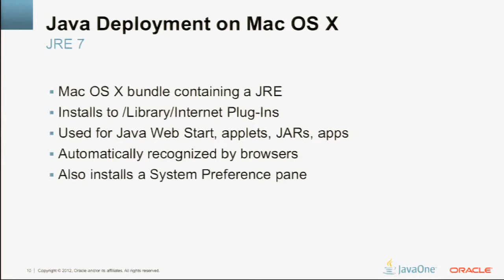Something new now is we're going to also install a preference panel. Java preferences, much like on Windows, it's a control panel on Windows, and makes sense to have it in system preferences on Mac as well. So that is where you will end up directing users for the Java control panel.